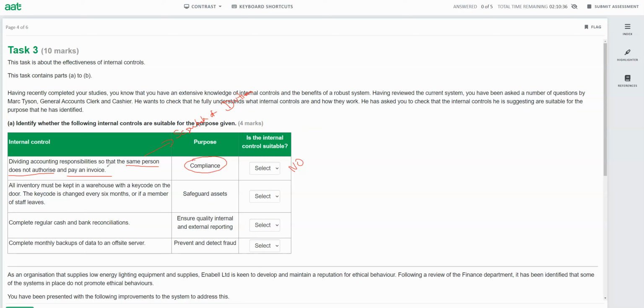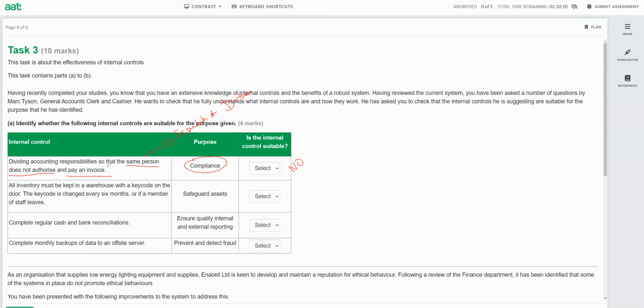Where the person authorizes the invoice, he can pay as well, it's not a problem, but we need to look at the person who is ordering. One person should be responsible for ordering or making the purchase, and another person should be responsible to check the invoice and make the payment.